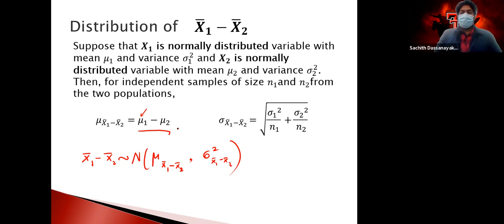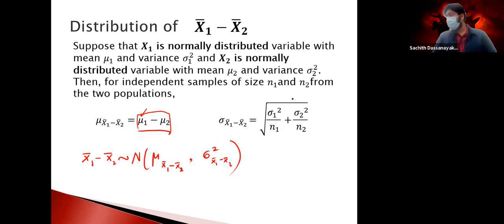It doesn't matter for this one because it is just summation. So if you need to find the standard deviation, it's going to be like summation of their individual variances. See, square root of sigma 1 squared over n1 plus sigma 2 squared over n2.